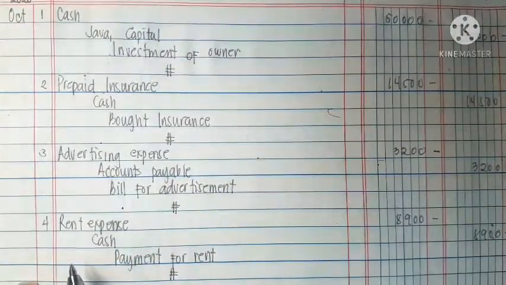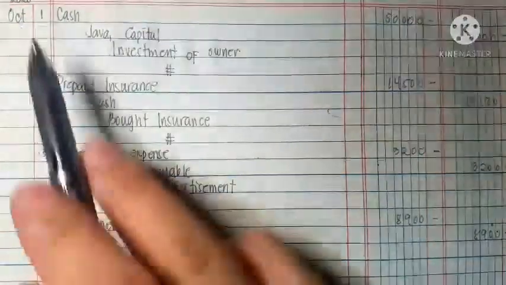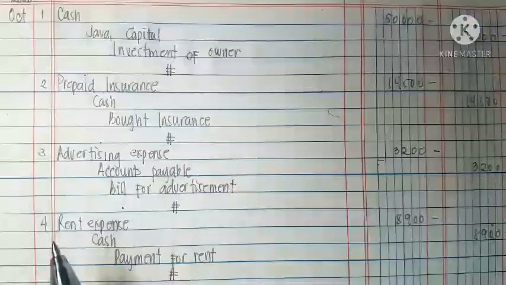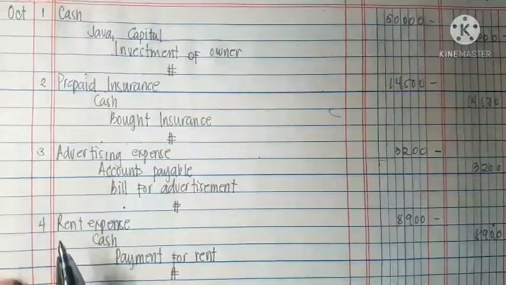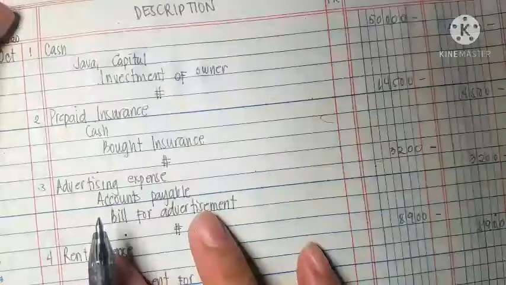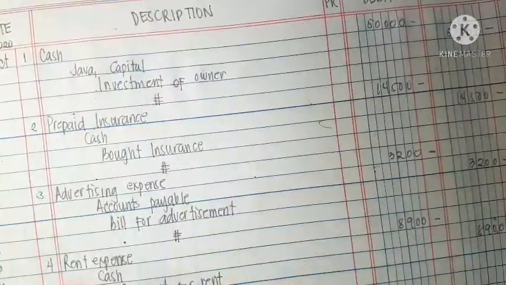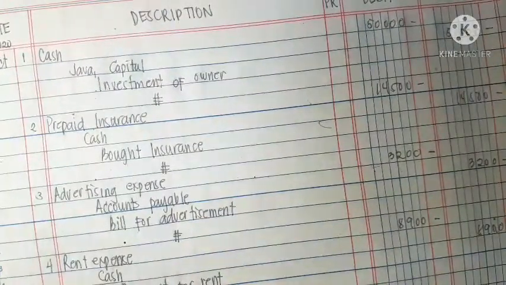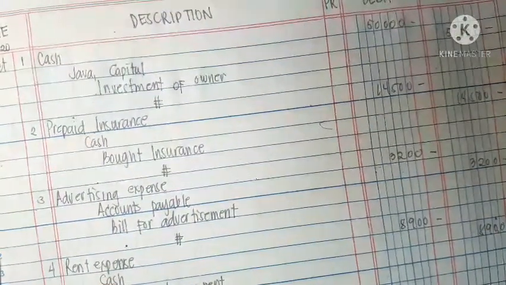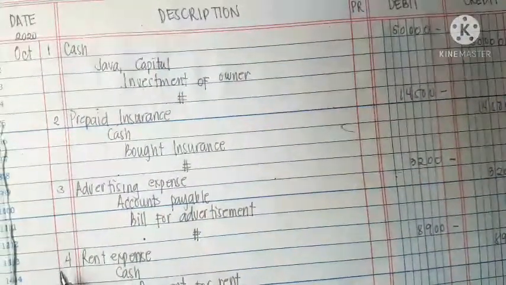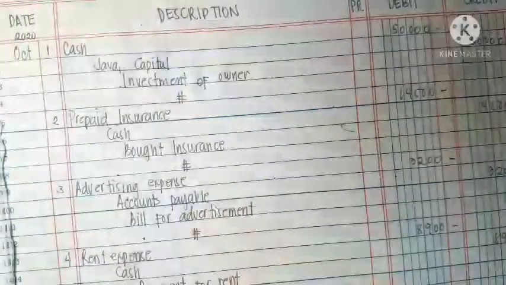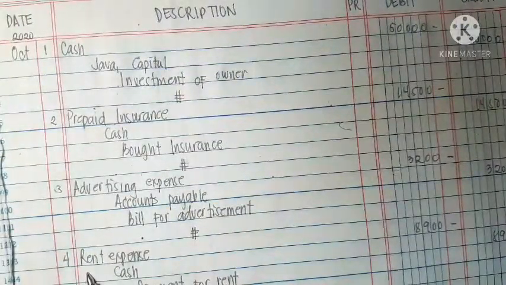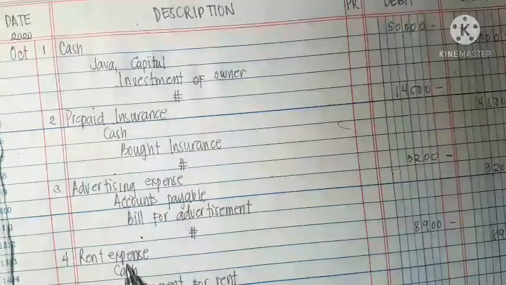So on October 4, 2020, there is a decrease in equity, particularly rent expense.